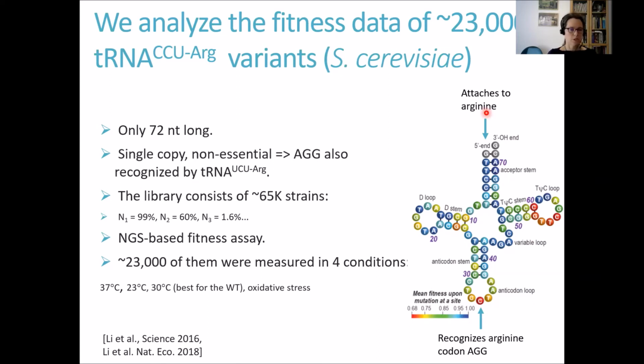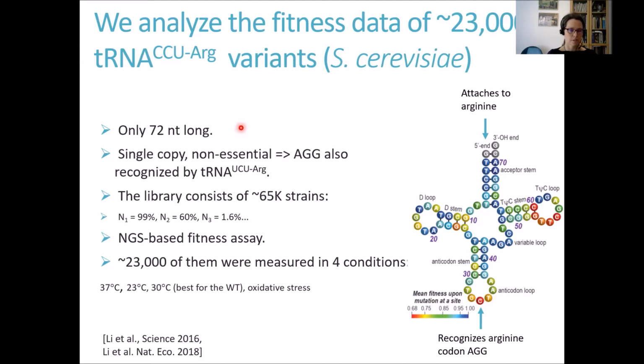Why was this gene such an attractive target for this experiment? First, it is relatively short, only 72 nucleotides long. Having spoken about the dimensionality of the landscape, here we have a relatively small landscape of only 4 to the 72, still large.